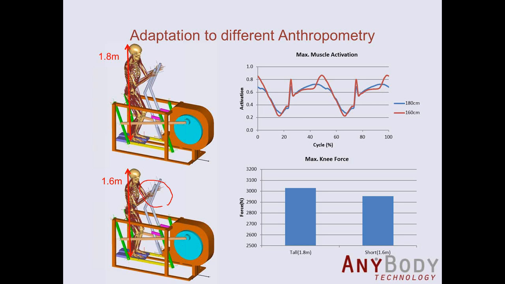If we compare the envelope of maximum muscle activations, then the small person's maximum muscle activation pattern is slightly higher than that of the taller person. But the maximum knee joint reaction force of the small person is slightly lower than that of the taller person, maybe due to the difference in weight.